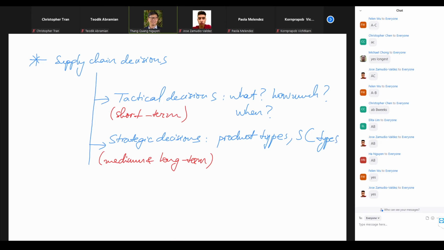For example, do we try to sell it online alone, or brick and mortar store alone, or do we do the hybrid between online and brick and mortar stores, right?